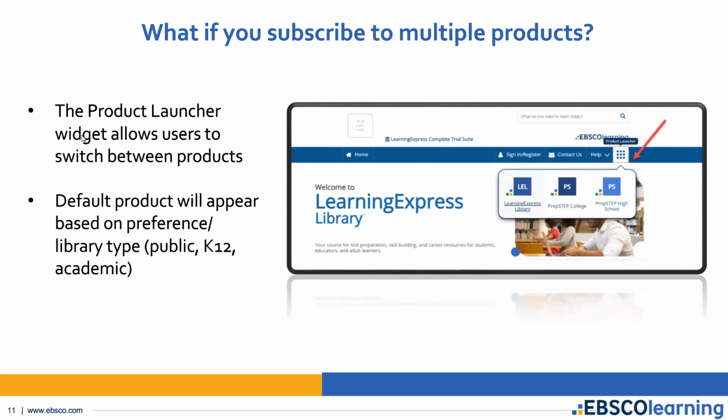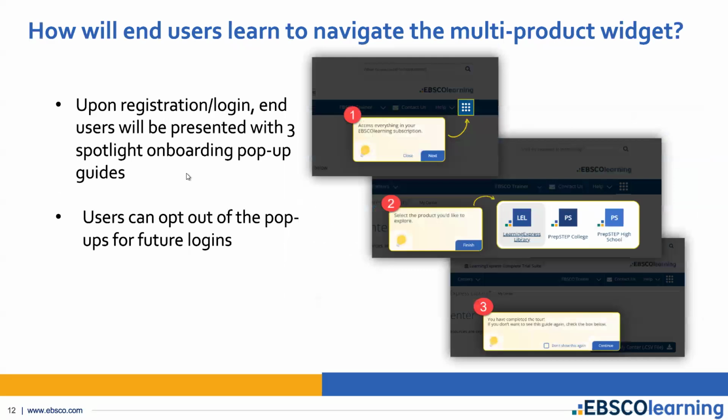Devin did mention that a direct link to Prep Step for colleges was created for the academic libraries just to ensure that they received the right instance. If you are not seeing what you intend to see, please reach out to our support staff or to Devin, and we'll correct that for you.